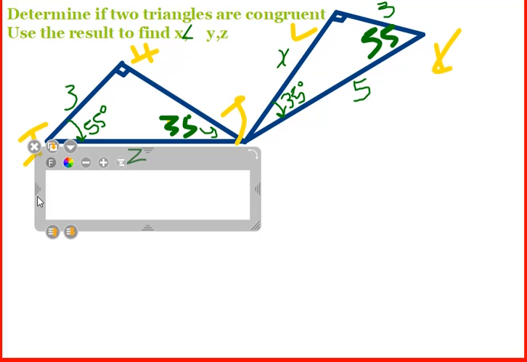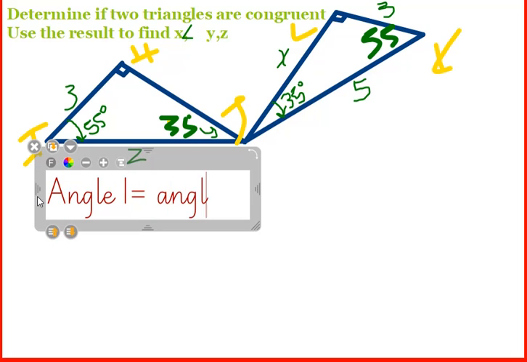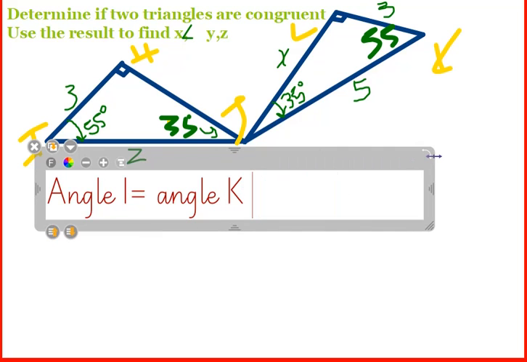So let's say angle I is equal to angle K. Why? Because it's proven. Let's write proven right there.